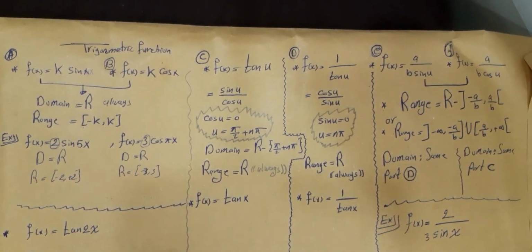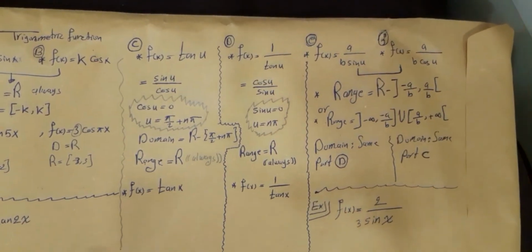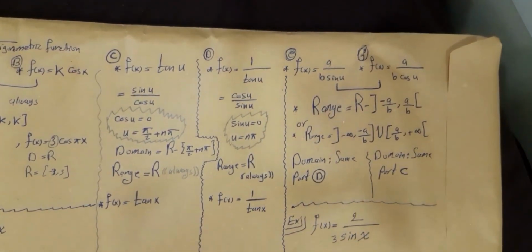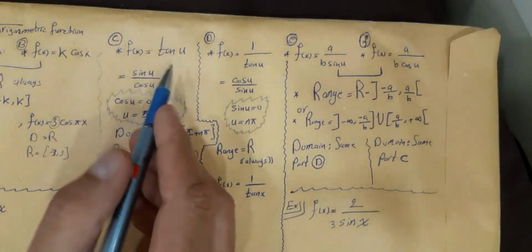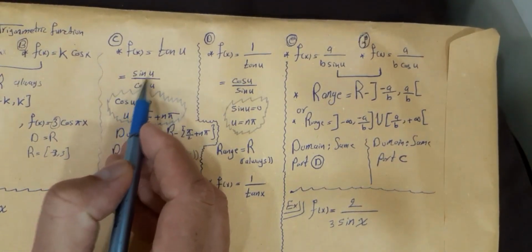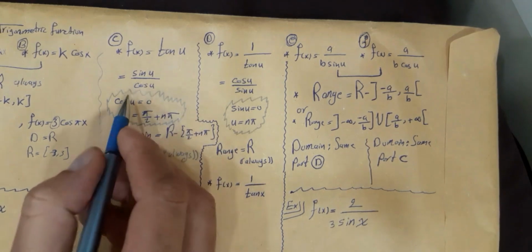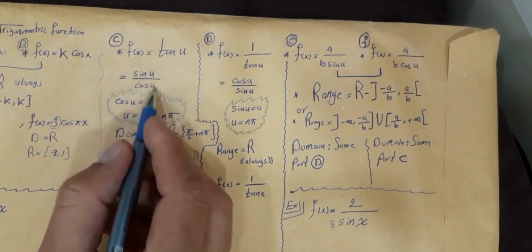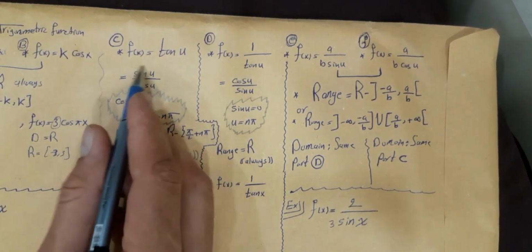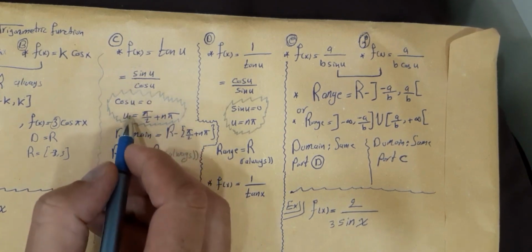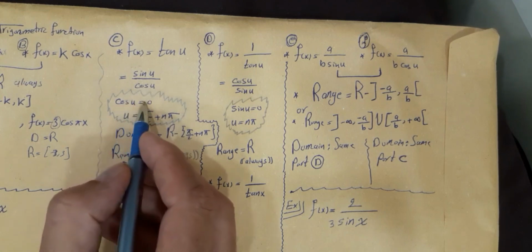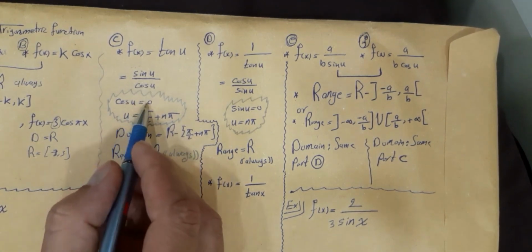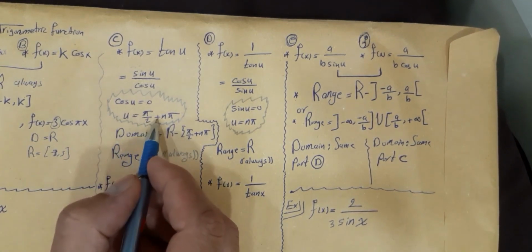About the second function, tan u. Of course tan equals sine over cosine. It is a rule. Because this function is a rational function, for the domain you need the denominator not equal to 0. Denominator means cosine u not equal to 0. If cosine u equals 0, u equals pi over 2 plus n pi.